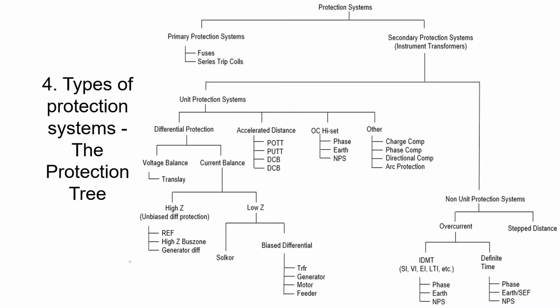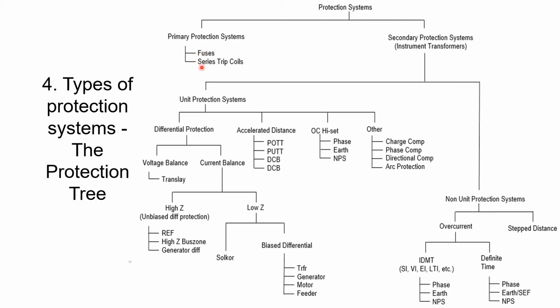Now, the protection tree. This is really an overview of how protection systems could be classified. This is not the only way, but this is one way which I found to be pretty useful in classifying protection systems. So we can have primary protection systems such as fuses and series trip coils.